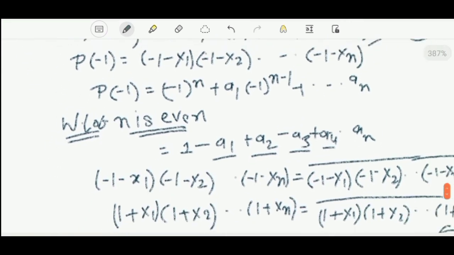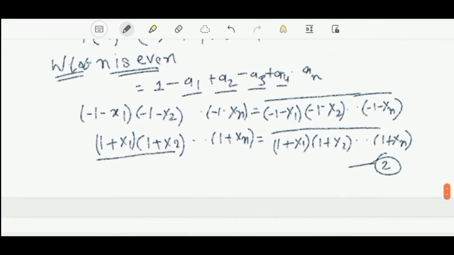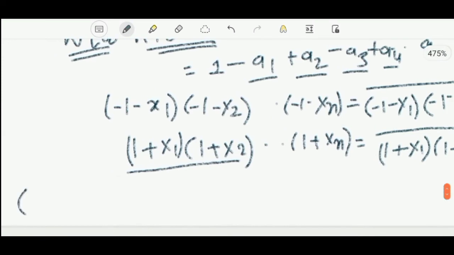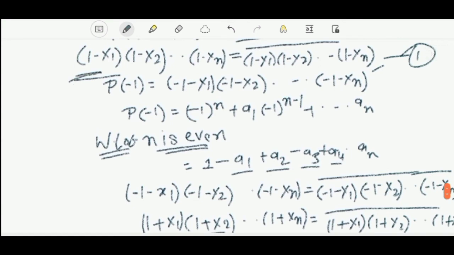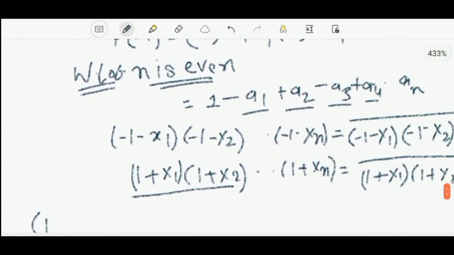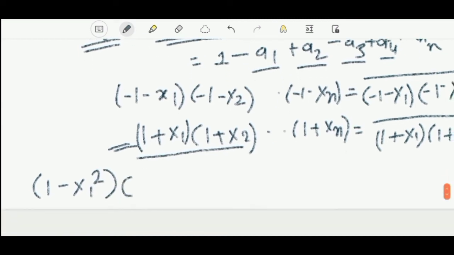So after multiplication, if you see on the left hand side, this is 1 minus x1 and this is 1 plus x1. So after multiplication we'll obtain 1 minus x1 square. Similarly 1 minus x2 square up to 1 minus xn square.